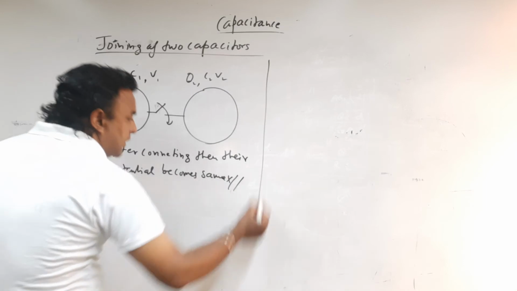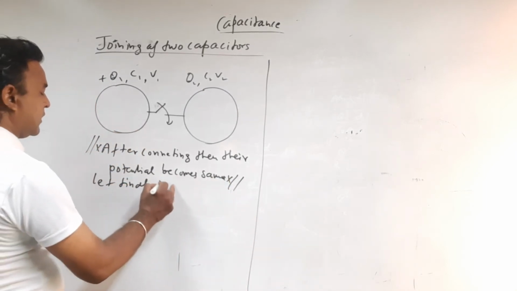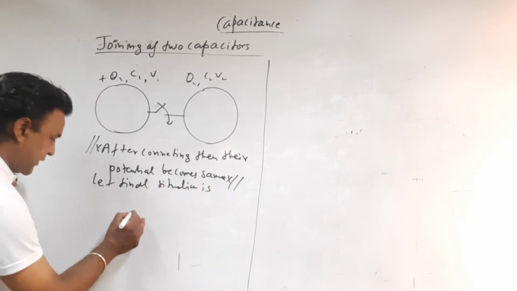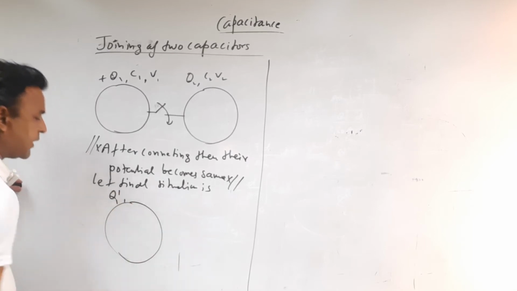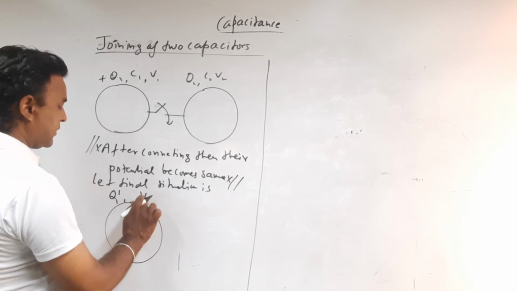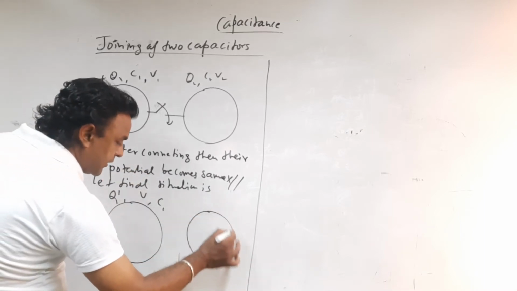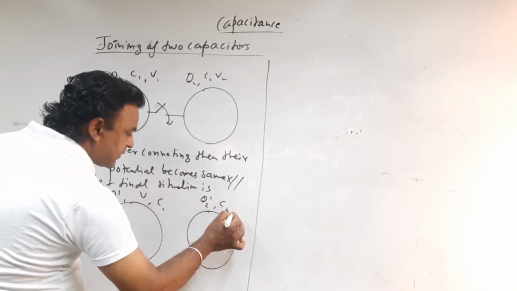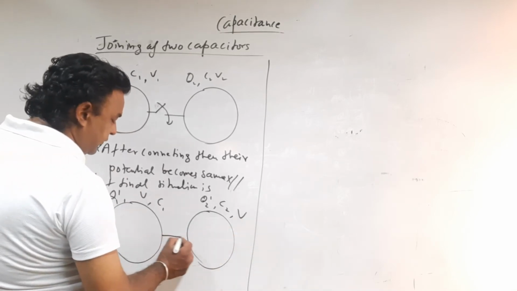Now let the final situation be this: the first has charge q1 dash, capacitance C1 and potential V, and the second has charge q2 dash, capacitance C2 and the same potential V.